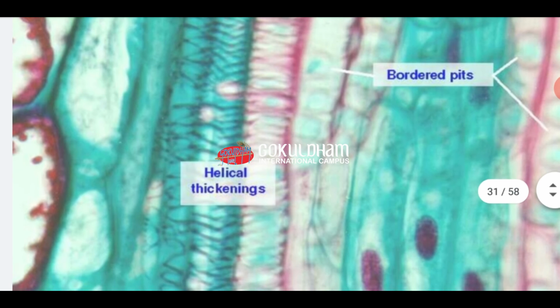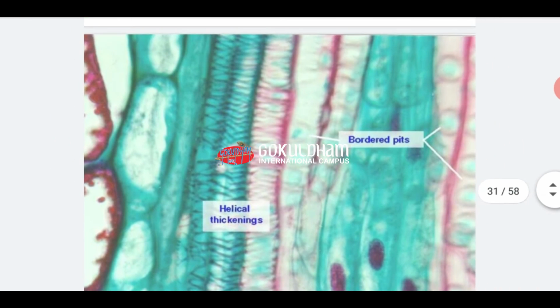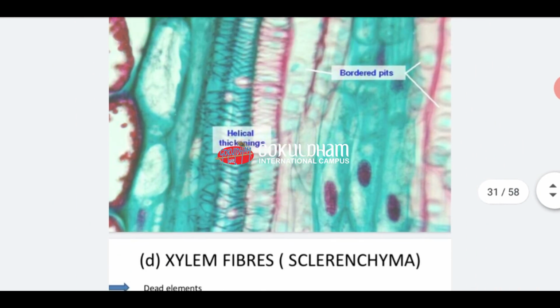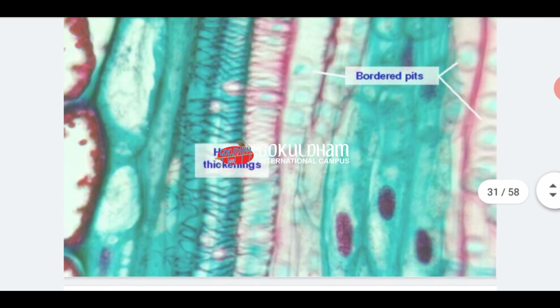So this picture shows the LS of xylem, which shows the helical thickening and bordered pits.